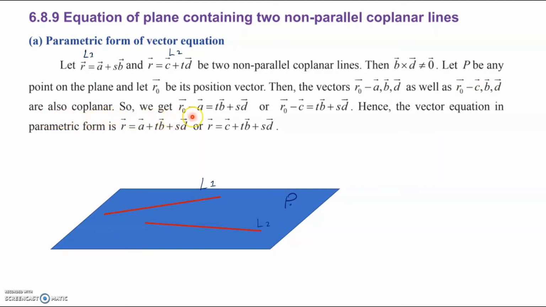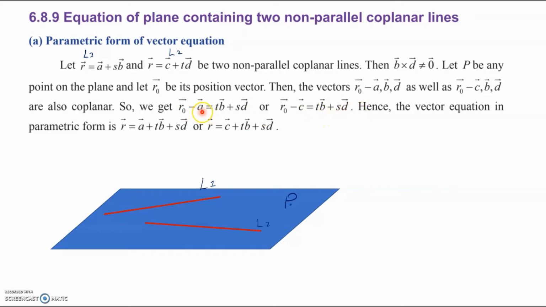So we get R naught minus A vector is equal to TB vector plus SD vector. This is using the equation of the line. Or it can also be R naught vector minus C vector is equal to TB vector plus SD vector.